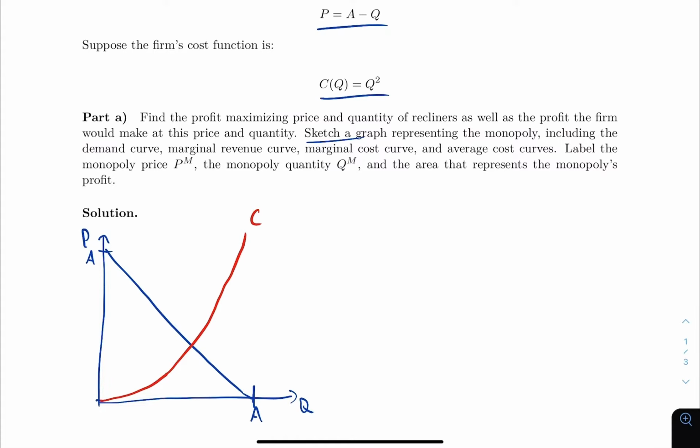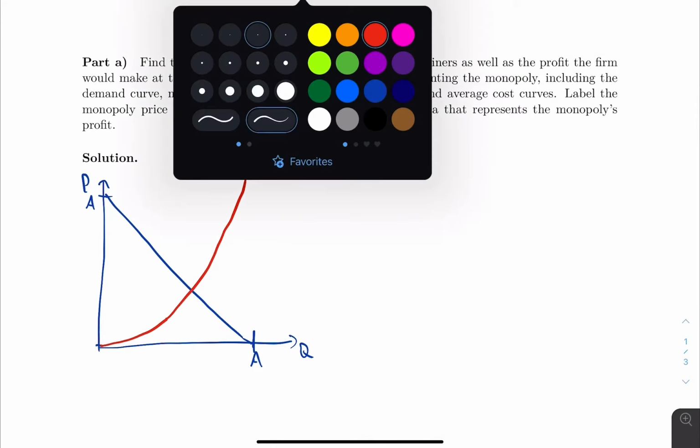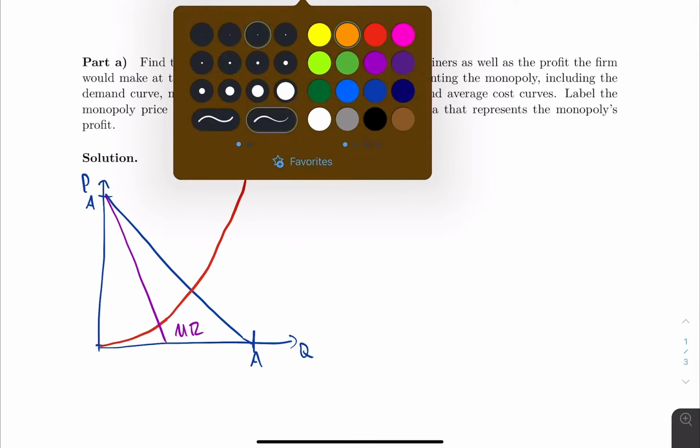Okay. So the monopoly wants to set MR equal to MC. So this is our MR. And then let's try to find an MC.